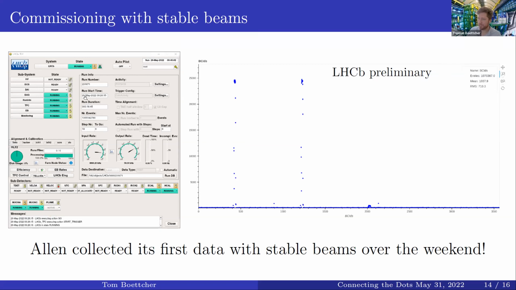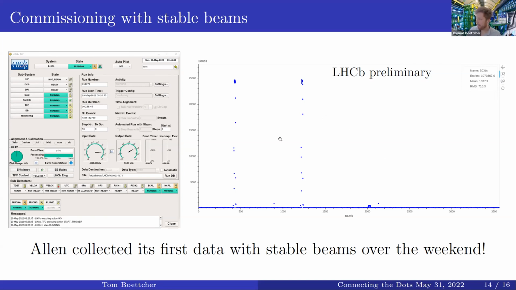You can see that this was a screenshot taken on May 29th, 2022. So this was the first stable beams that Allen triggered on, and I want to point out these rateometers here. And so you can see that there's an input rate into Allen of about 5 megahertz, and Allen is selecting data at a little over 50 kilohertz.